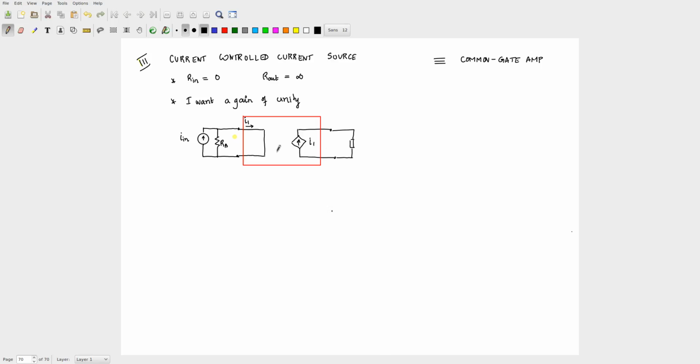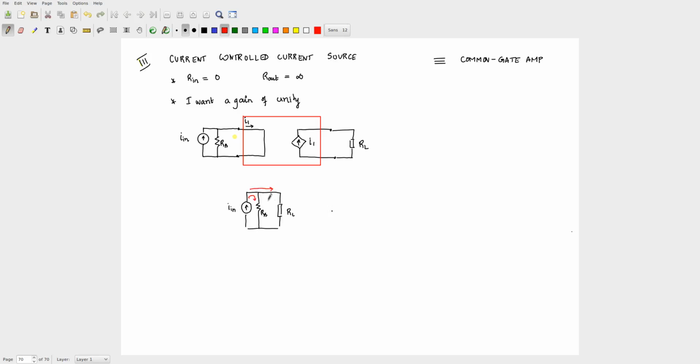Doesn't really matter, there will be a minus sign, but this is better because suppose RS were not there, then you connect this load, some RL. The connection would be just I in driving the load, correct? Now because you have an RS, all of this I in will not go into the load. What will happen? Some of the I in will go into the load, and the remainder of I in will go into RL, right?